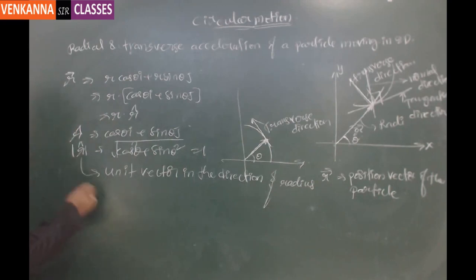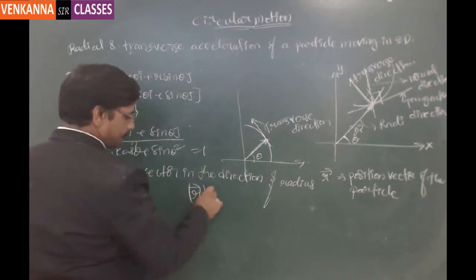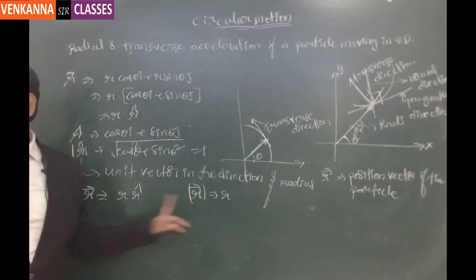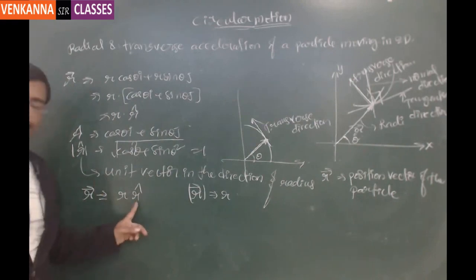Now r bar can be written as r into r cap, where small r is the mod of r. Small r represents simply the magnitude, and r cap represents the unit vector in the direction of the radius.